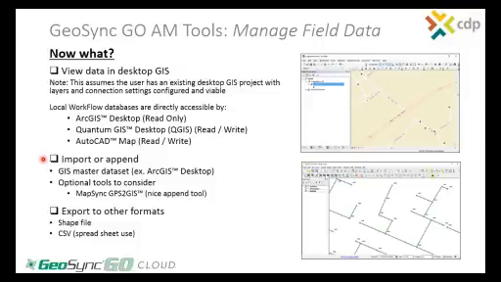Another thing you may want to do with the data is import or append it. Particularly in ArcGIS Desktop, if we can't edit there, you likely want to import, update, or append the workflow database into your master database. Say your fire hydrant layer. In Arc, you may be managing your fire hydrant layer in your desktop GIS. So we'll want to append those new hydrants into your master data set.